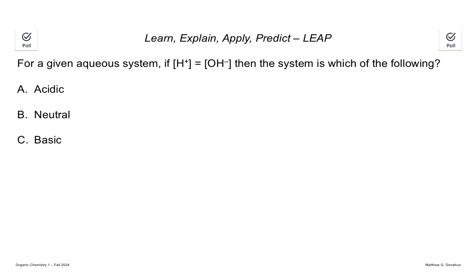So if you have an aqueous solution and the concentration of proton equals the concentration of hydroxide, how would you describe that system? So that would be neutral. You don't have an excess of one over the other. They're exactly equal, so it's neutral.